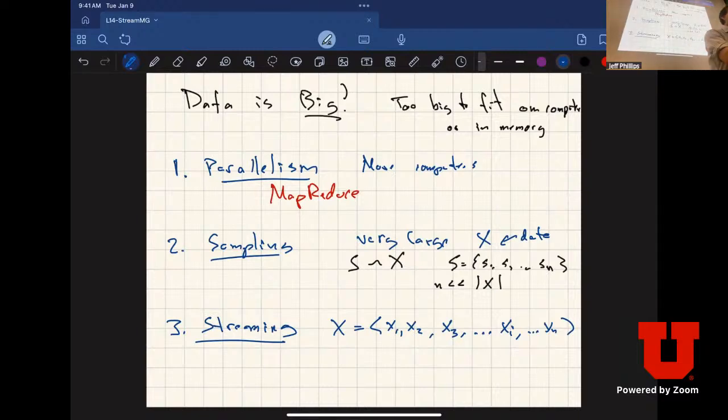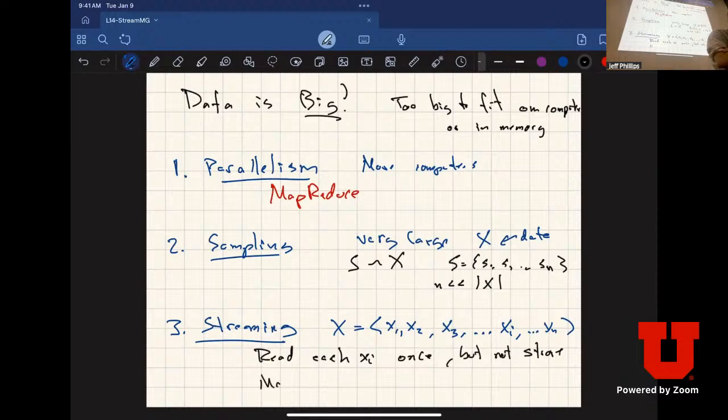But the idea is that I'm sitting on a router, I get to see them once and then they are off on their way. I can't store everything. So this model allows me to read each xi once, but not store. So I can't store all.